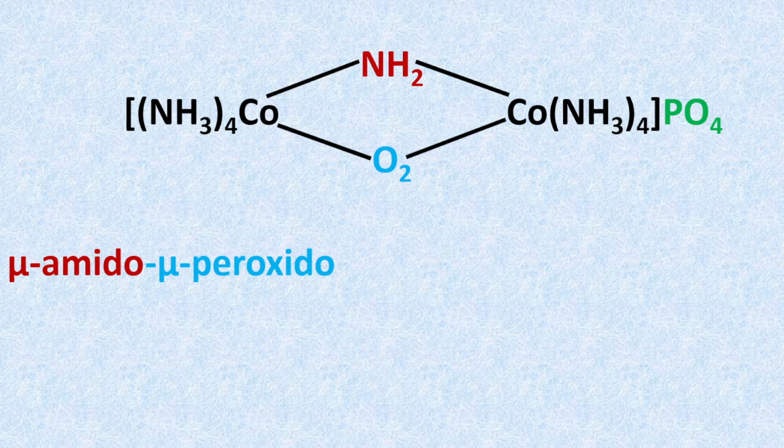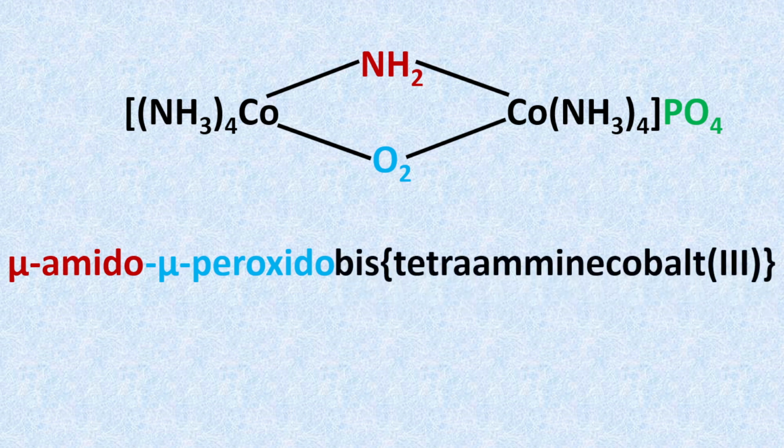To balance these -6 charges, we have 2 cobalt ions. Therefore, the oxidation state of each cobalt will be 3. On either side of the bridging ligand, we have 4 amines and a cobalt. Thus, its IUPAC name can be written as mu-amido-mu-peroxido bis(tetraamine cobalt 3) phosphate.